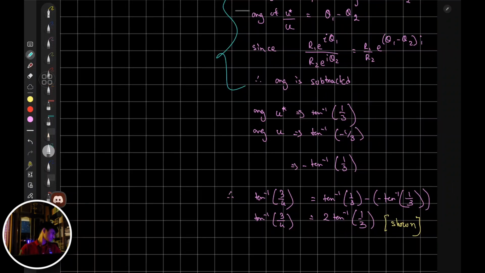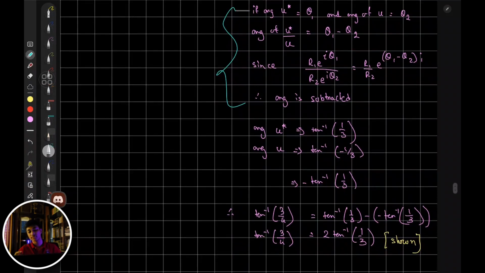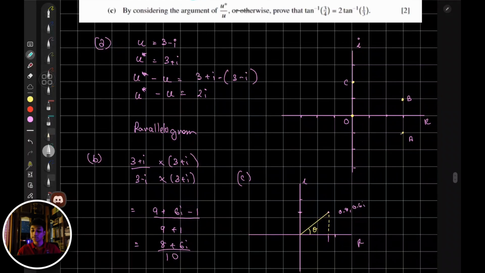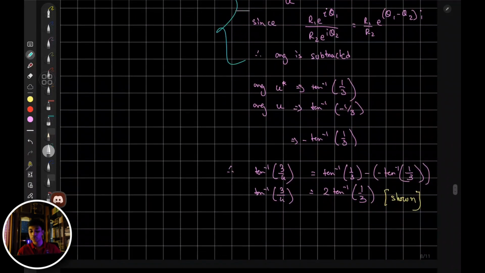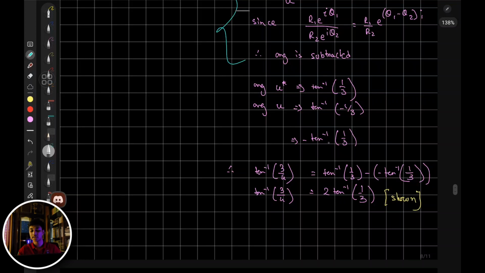Great. Now for the argument of u, tan inverse of minus 1 by 3. Why? Because it is in the negative part of the y-axis. So minus 1 by positive 3, you get minus 1 by 3. Now you can write tan inverse of minus 1 by 3 as minus tan inverse 1 by 3. Why?